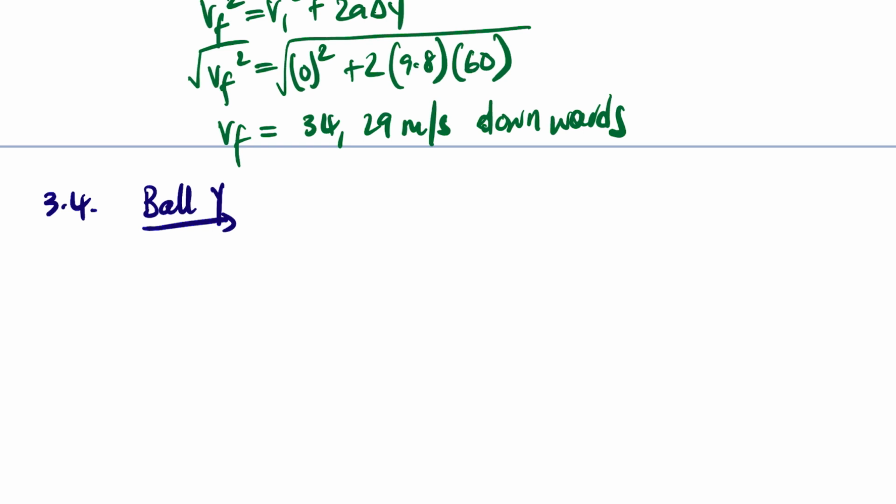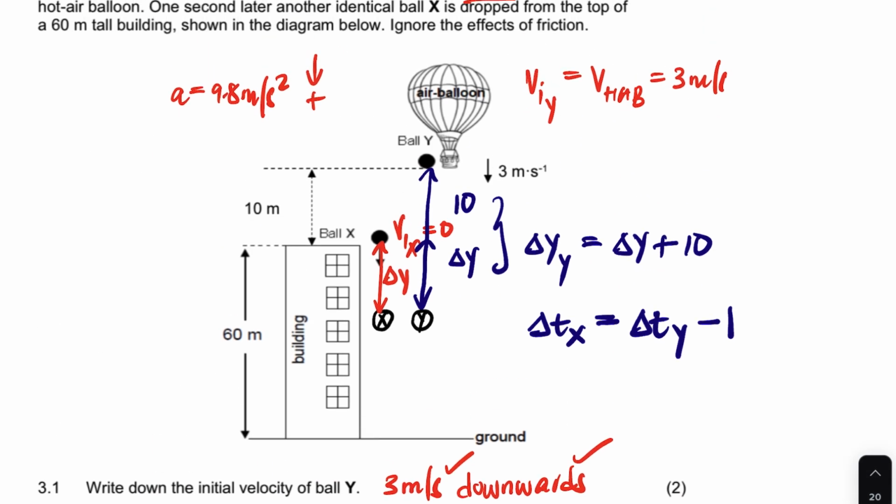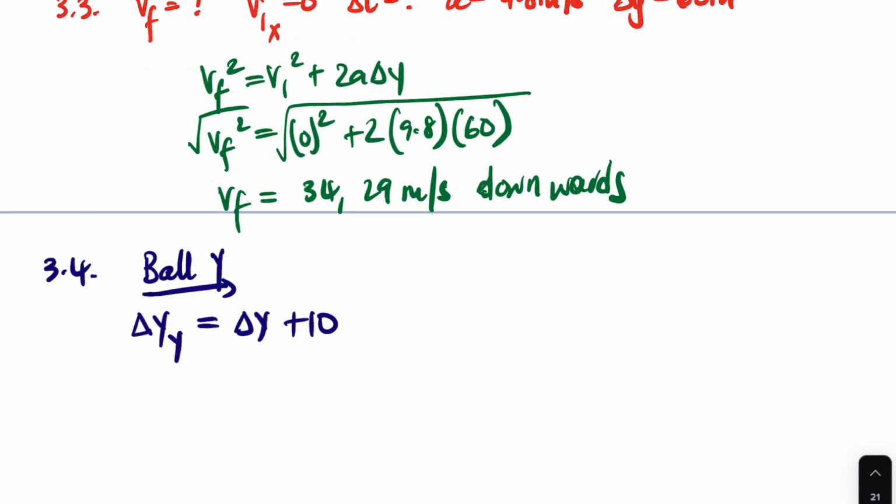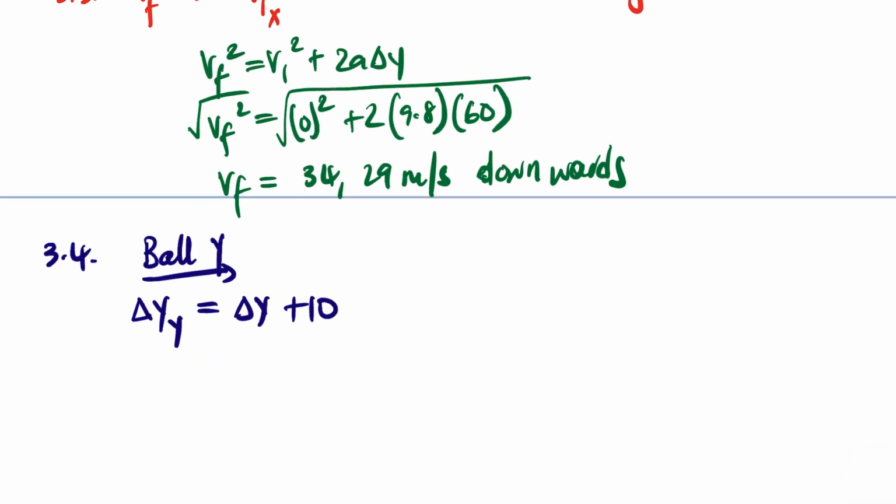The displacement for ball y is equal to dy plus 10, which is plus 10 meters, as I mentioned here. The distance that was traveled is this displacement, which is dy, the same distance as x, but it has an extra 10 meters there, right? And it's going in the positive direction.